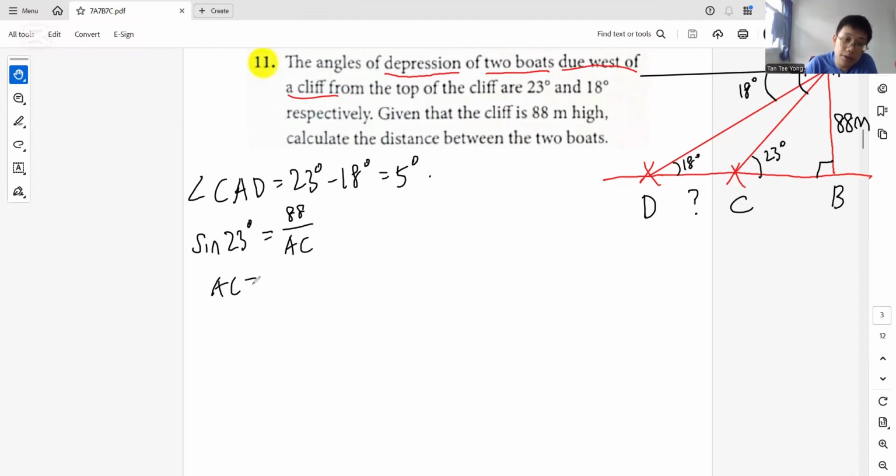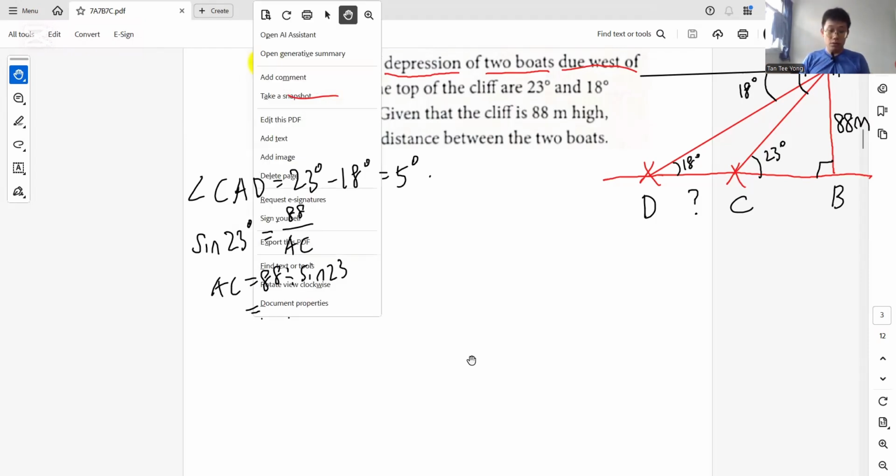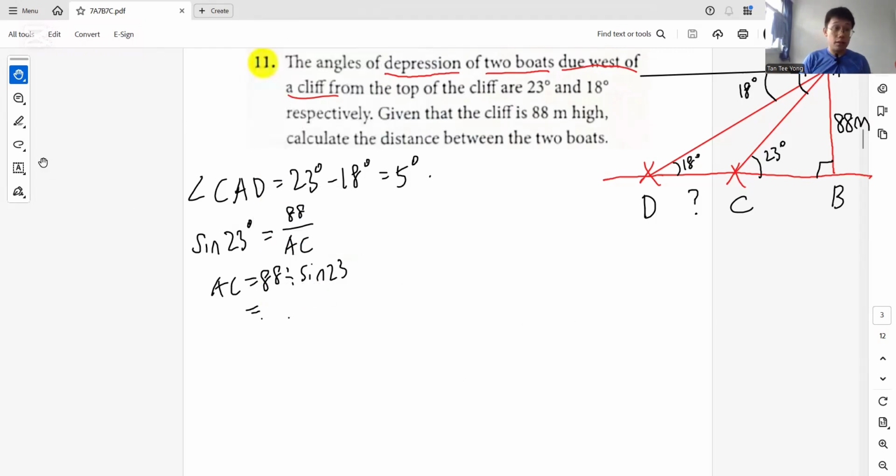So AC equals 88 divided by sine 23. Let's calculate this. It gives 225.218.